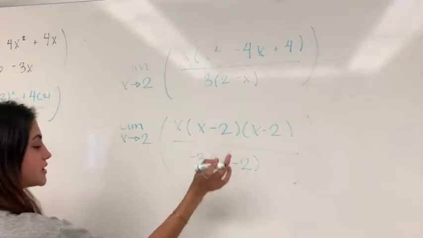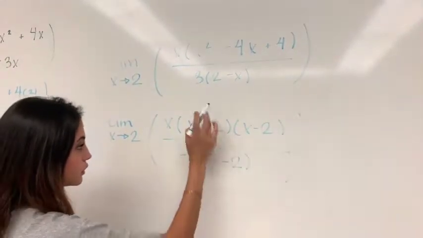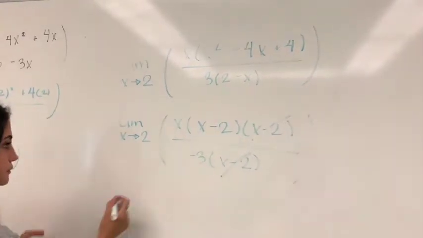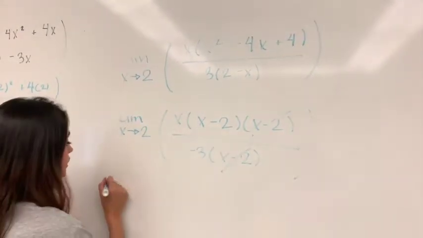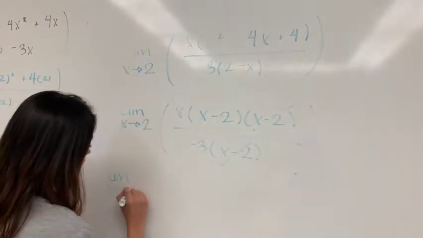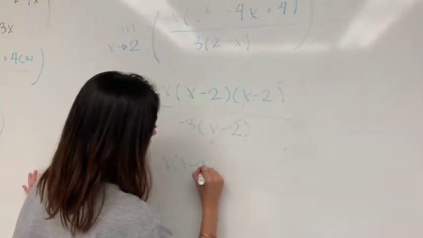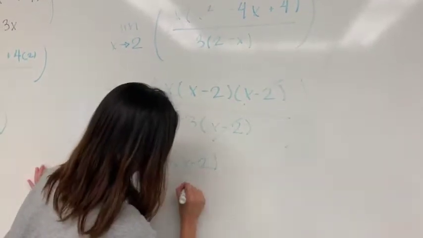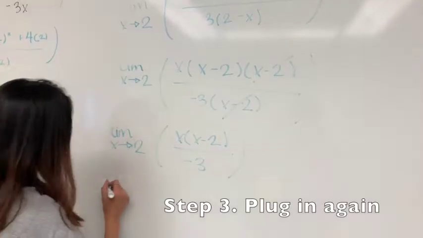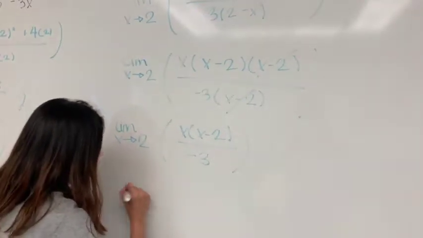Then we can see that we can cancel out these 2, and this means that we have a hole at x equals 2. So now we're going to proceed to write our new equation. And now we can plug in our 2 in here to figure out what the limit is.